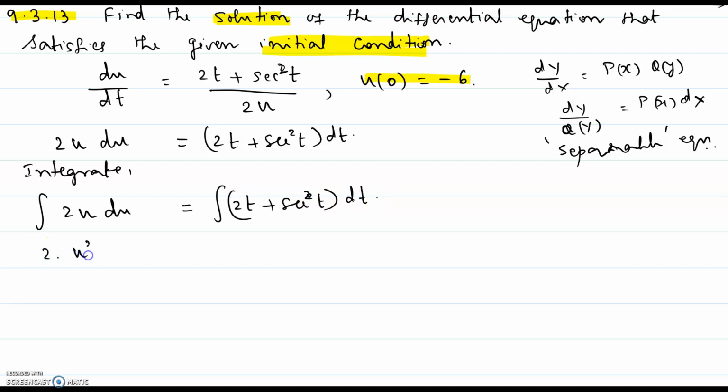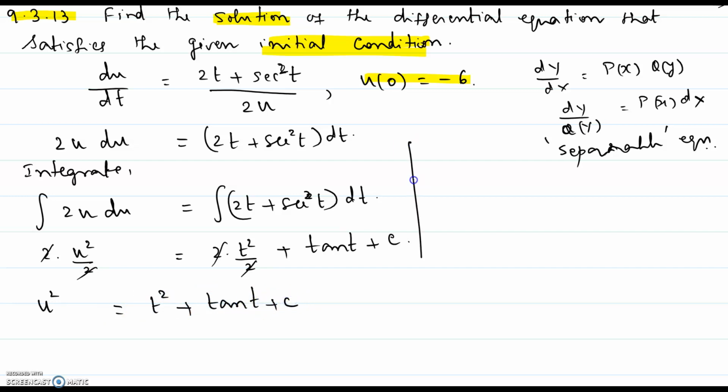That is 2 times u square over 2 equal to 2t square over 2 plus integral of secant square, which is tan of t, and then add the constant of integration. So here, u square equal to t square plus tan of t plus c.